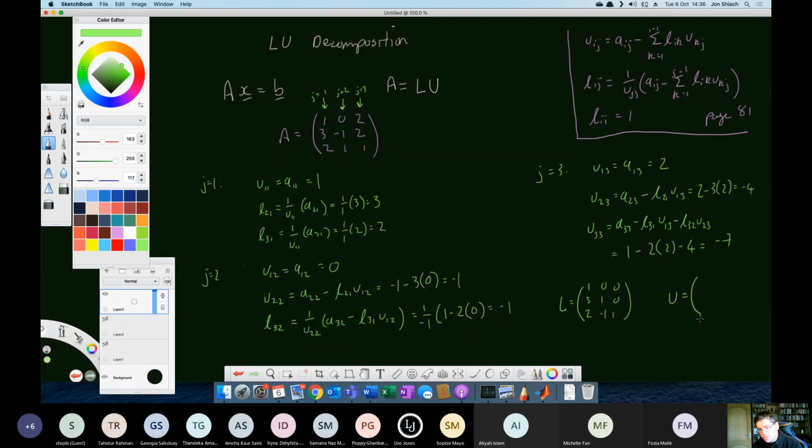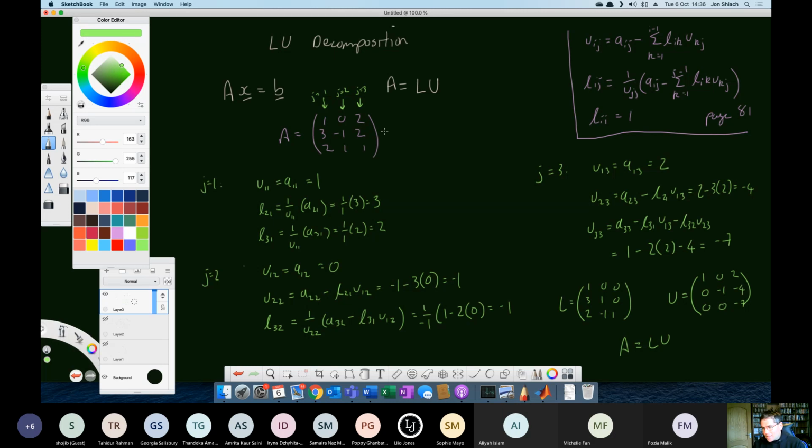And U, our upper triangular matrix, was 1, 0, 2, then the lower element is 0, U22 was minus 1, U23 was minus 4, and U33 was minus 7. We can check that A should equal L times U. If you multiply those together, you should get back to A.